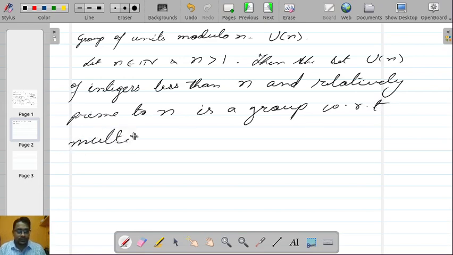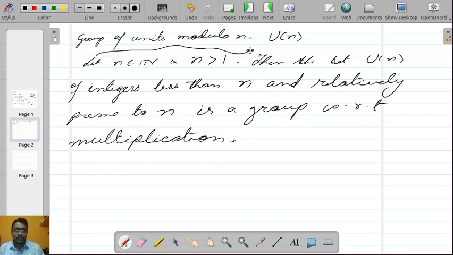If we take multiplication modulo n as the operation, then this set U_n of integers less than n and relatively prime to n is a group with respect to multiplication. It is called the group of units modulo n.